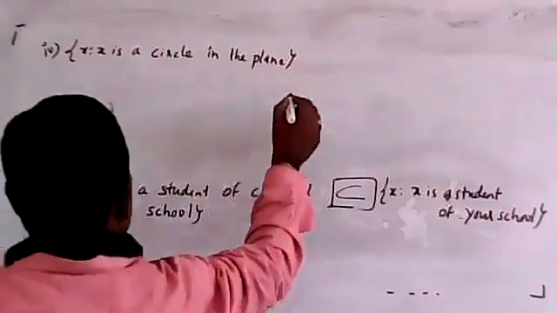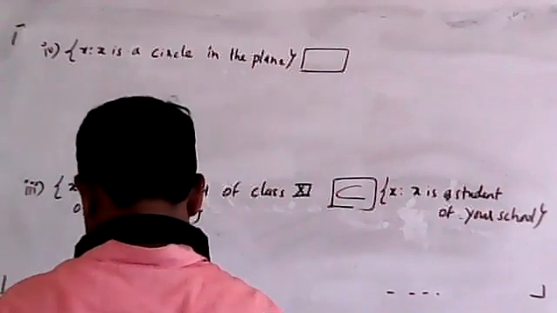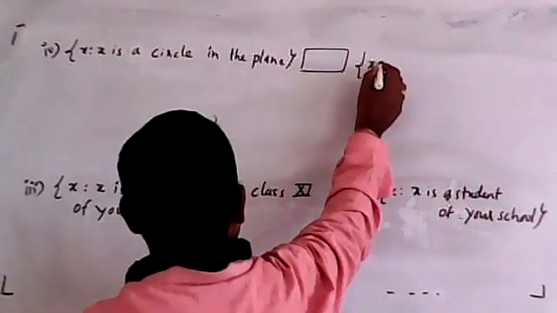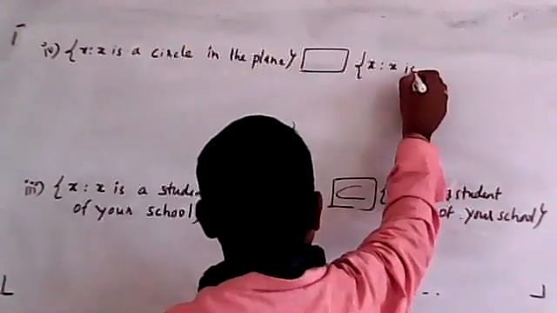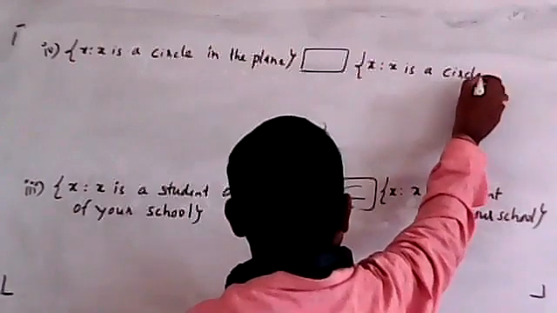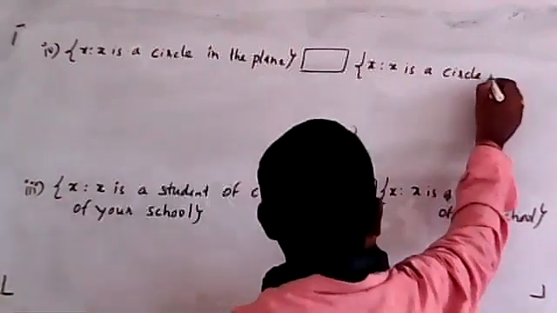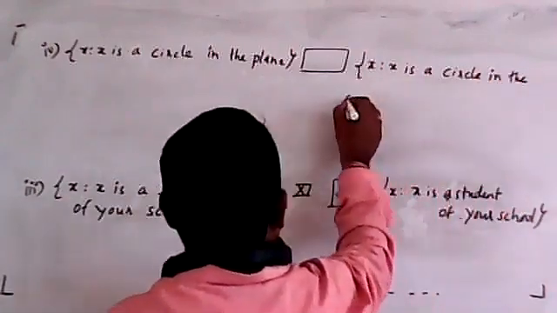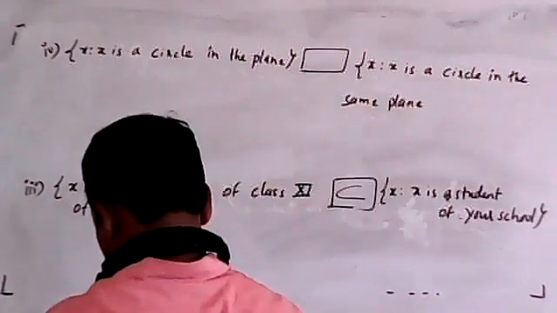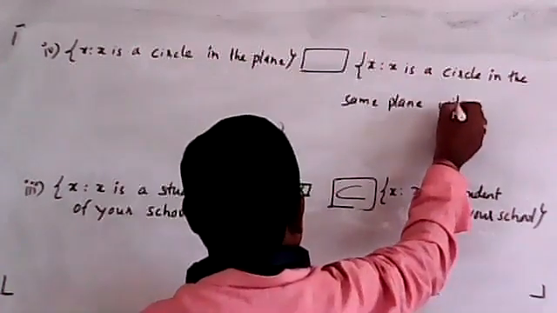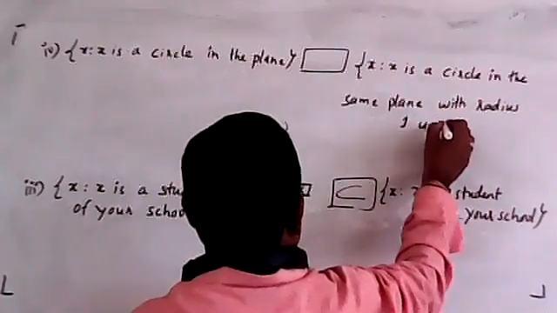Again, one more set they have given: the set of all x such that x is a circle in the same plane, but the condition is there, with radius 1 unit.